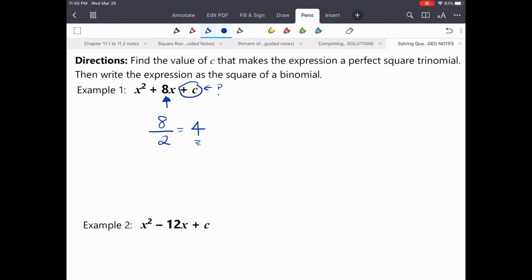And then what you want to do with that is square it. So the first step was to take half of 8, and the second step is going to be to square that value from what we got before, not square 8, but square the 4.